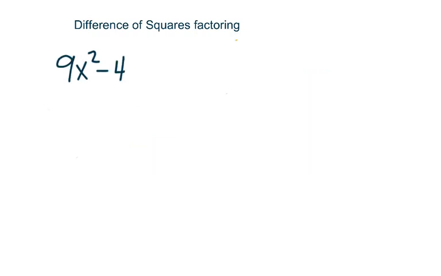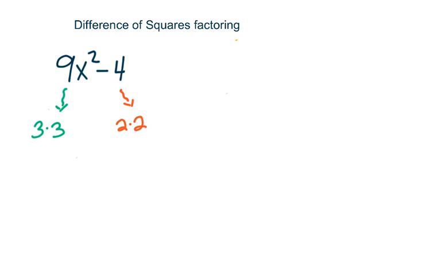Here's another difference of squares. It may not look like one to you, but there's a little secret here, which is that the 9 is a square, right? That's just 3 times 3. And the 4 is also a square. That's just 2 times 2. So we have a difference of squares.